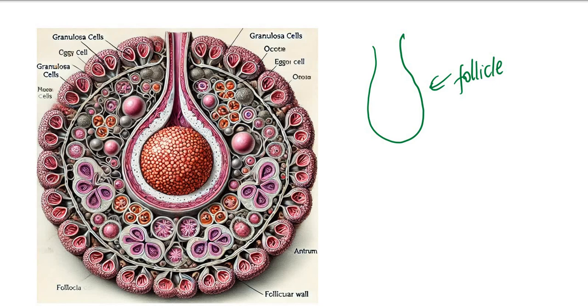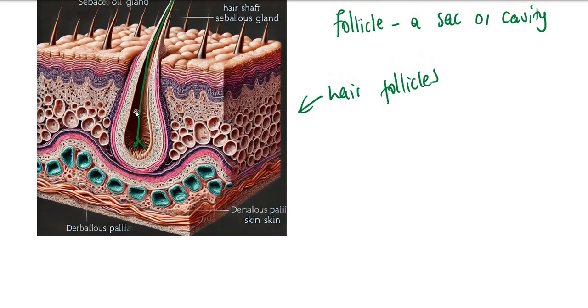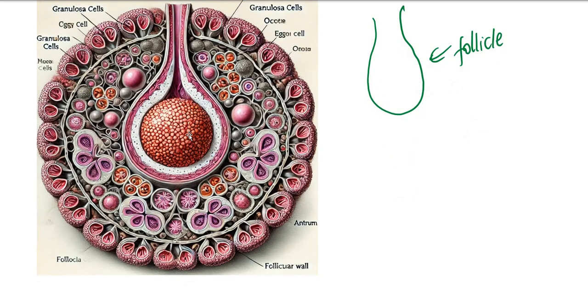A follicle is a sack that will be holding something. In this case, the sack was holding a hair. But here it is holding an underdeveloped egg.